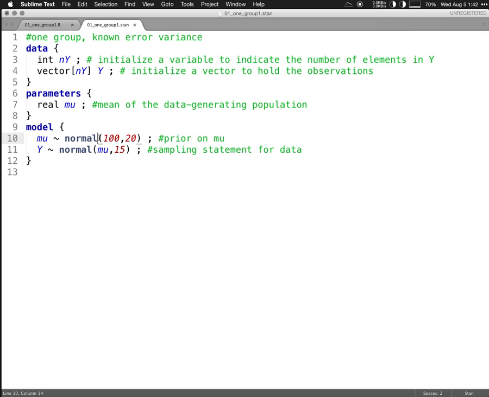But a pretty broad belief distribution would be achieved through a standard deviation of 20.